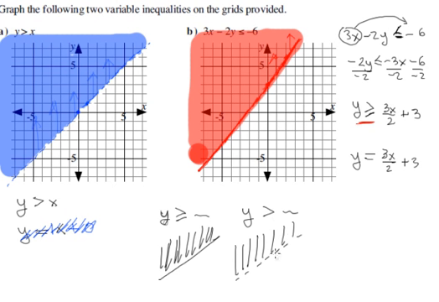You can't be equal to it, that's why it's broken, but because you want y to be higher than that line, you shade up. You can have y is less than a certain amount, and you get a broken line, and you shade below. And the last thing that could happen is you can have y is less than or equal to a certain amount, then you get a solid line, and you shade below.